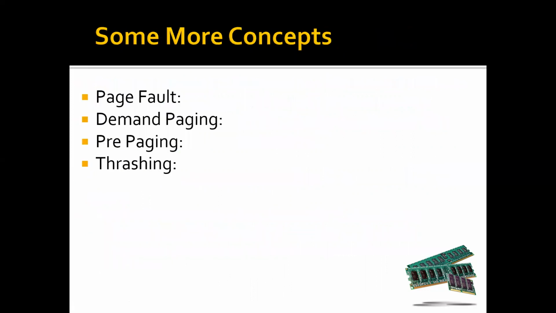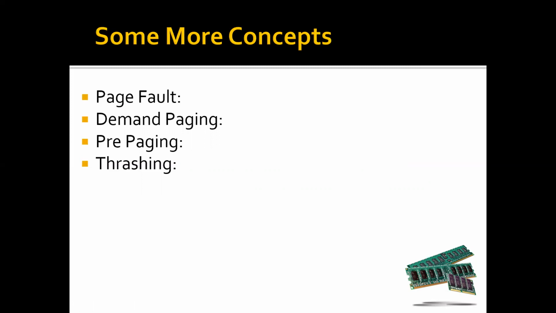There are some more concepts associated with this virtual memory concept. One is called the page fault. If the referenced page is not found in the main memory, a page fault is said to occur. We are searching for a page, and if it is not found in the main memory, we say it's a page fault.